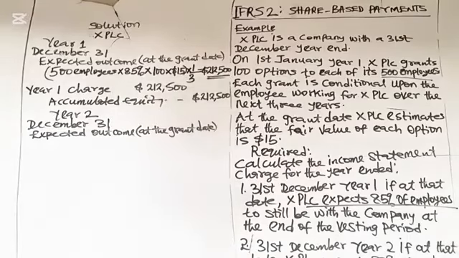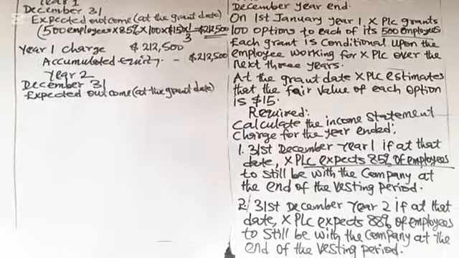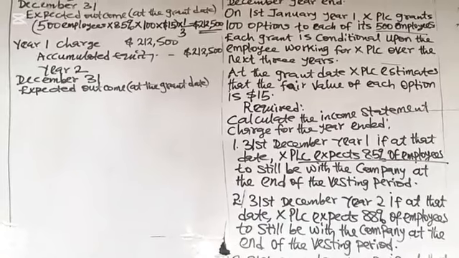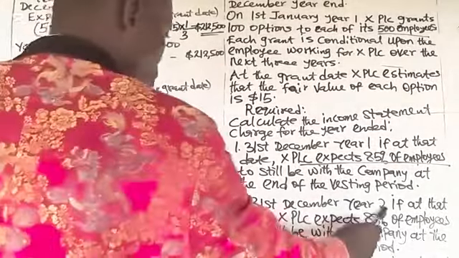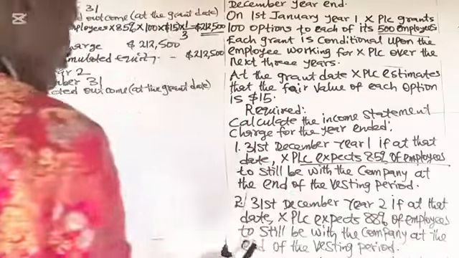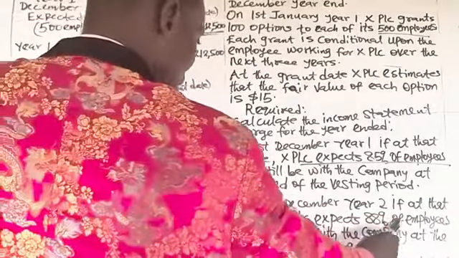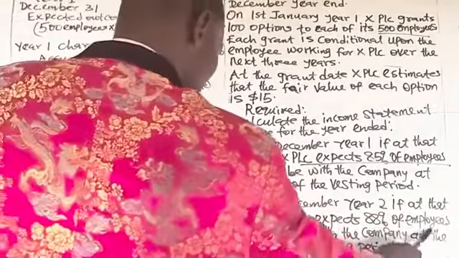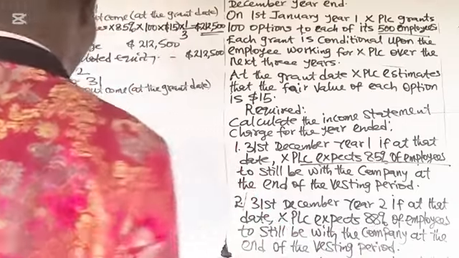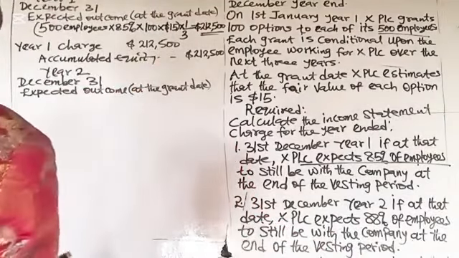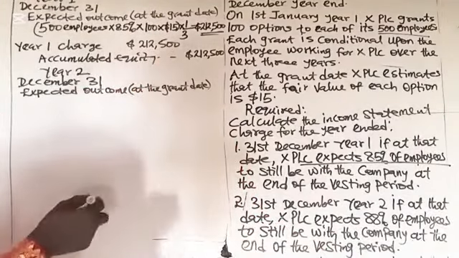Then, of these 500 employees, if you look at note 2, you were told that at 31st December year 2, SPSC expects 88% of employees to still be with the company at the end of the vesting period. So this is the vesting condition.